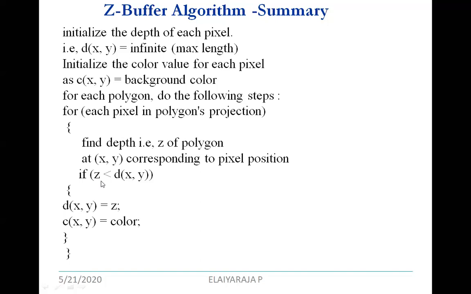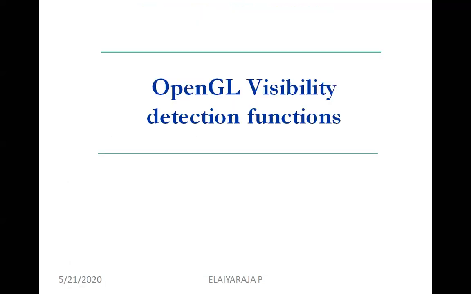It should be that if the z value is greater than the depth value of x comma y, then you fix the color, and the depth value of the x comma y pixel is going to be z. Just make this little change: the z value should be greater. So that is about your depth buffer, z buffer algorithm.